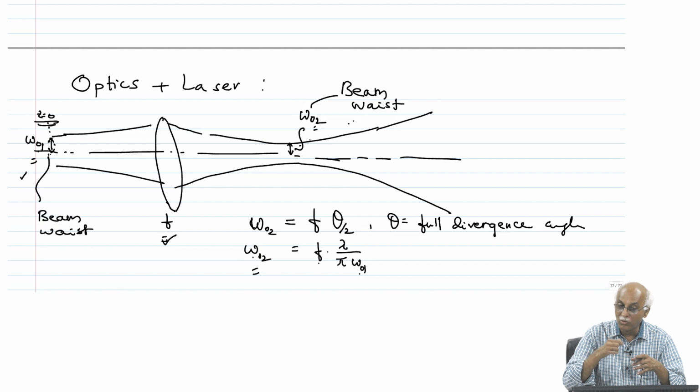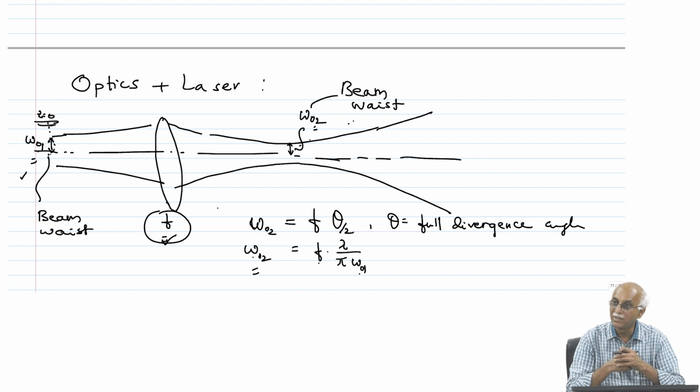If I want a small spot size, a shorter wavelength of light makes it easier. Of course, the wavelength is fixed for my application, I cannot change it. In that case, for a smaller focus spot size, I will select the f accordingly, or I will select this W01 accordingly.